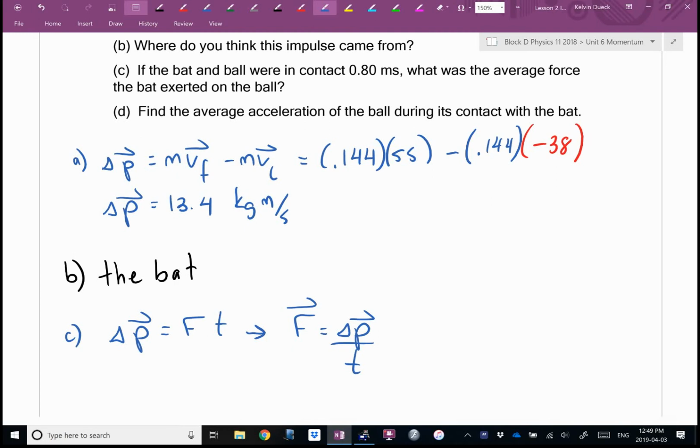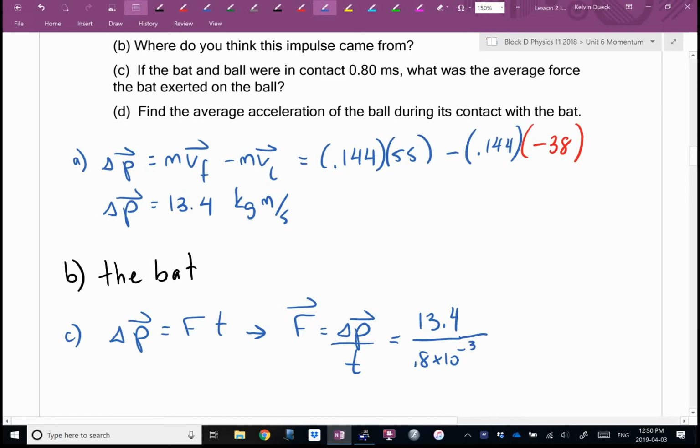We have a nice shortcut because, Antonio, what was your impulse? I'm going to write 13.4, although I'm going to use my answer button on my calculator. And Savannah, how much time elapsed? Well, it's 0.8 milliseconds. What's milli from your green sheet? 10 to the what? So it's going to be 0.8 times 10 to the negative 3.